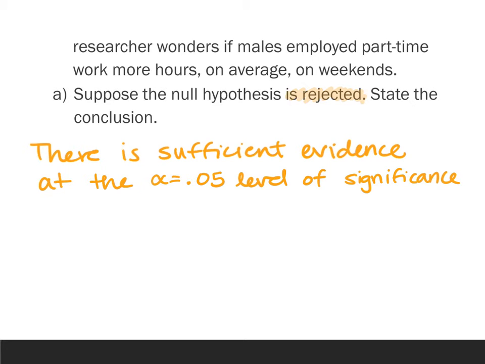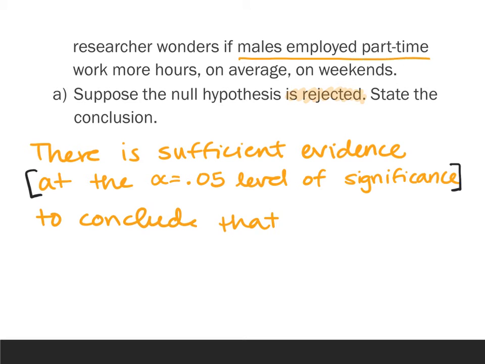So this is kind of an extra piece right now. We don't know that it should be 5% or if they used a different value for alpha, but we're going to just go with it for right now. And so there's sufficient evidence at some level of significance that was used to conclude that, and then I'm just going to basically restate what I'm assuming.